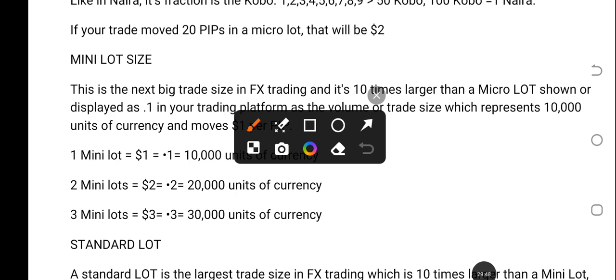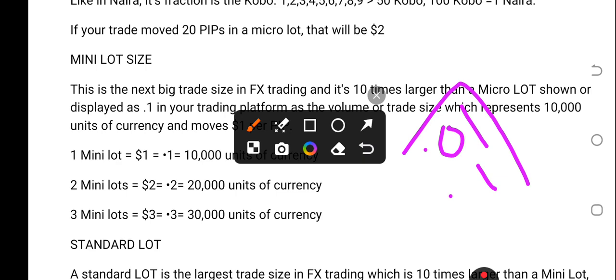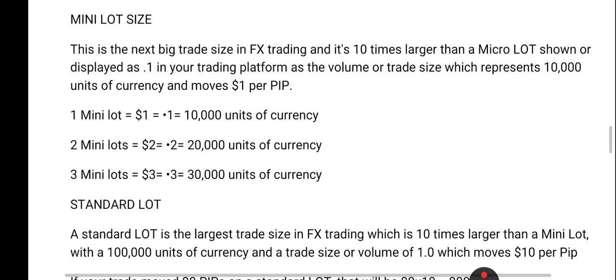Remember, micro lot is written as 0.01, right? But for the mini lot, it is written as 0.1. So you can see that the difference between this is 10. So the mini lot is 10 times larger than the micro lot.